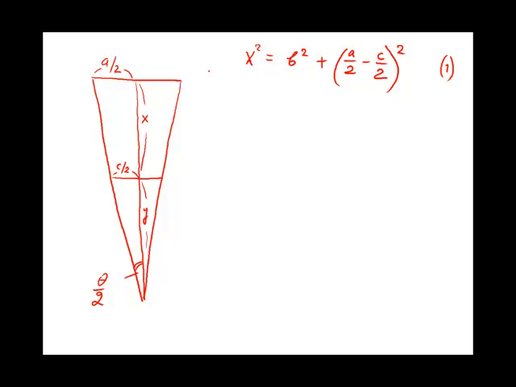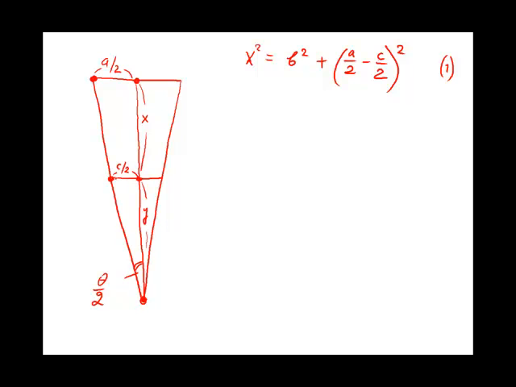Now, let's consider two triangles. One is the big triangle with these corners. 1, 2, 3. And the small triangle with these three corners. 1, 2, 3.